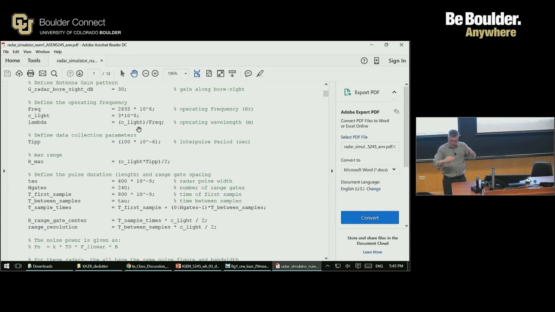But in a sine wave, if it moved 50 millimeters, we're now on the opposite side of the sine wave. We're now out of phase. So we could take several pulses, maybe 3 or 4, and consider those pulses to be in phase, coherent. The target hasn't moved very much relative to the wavelength.